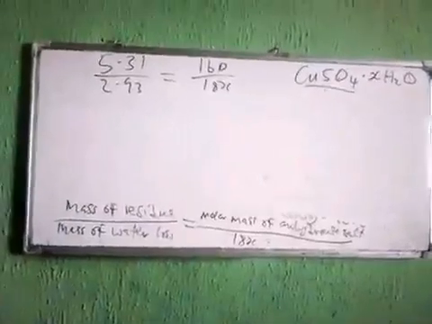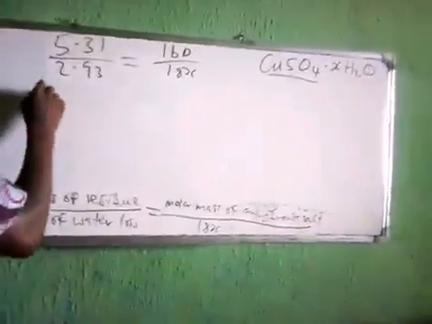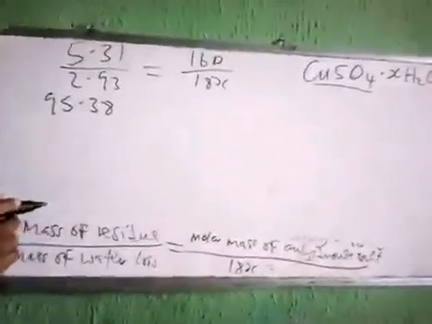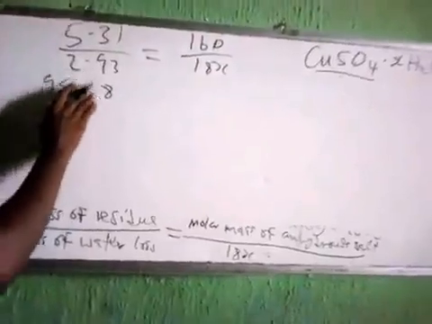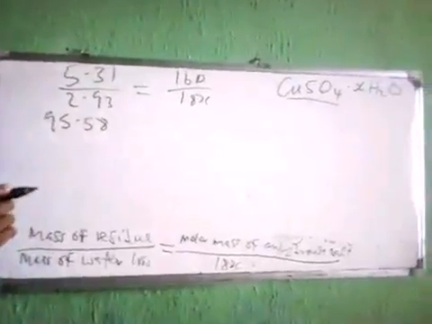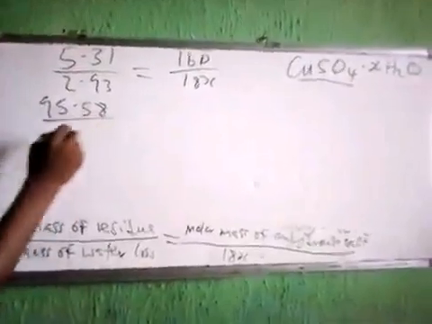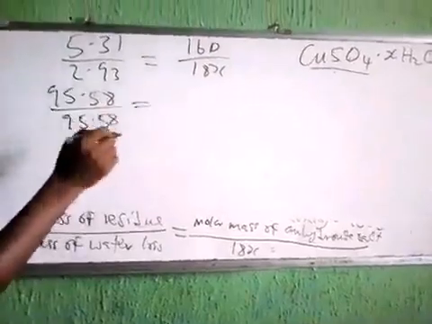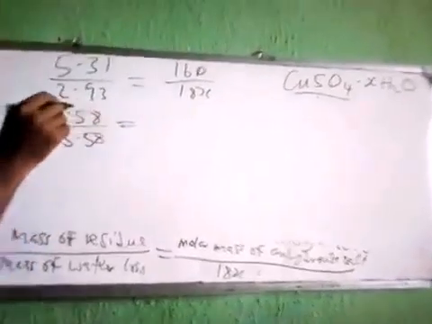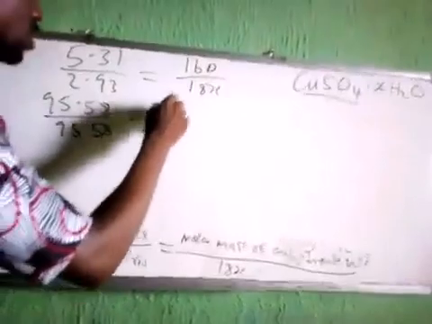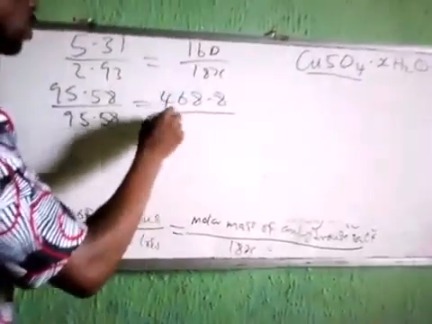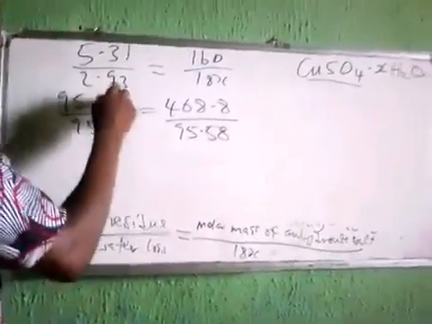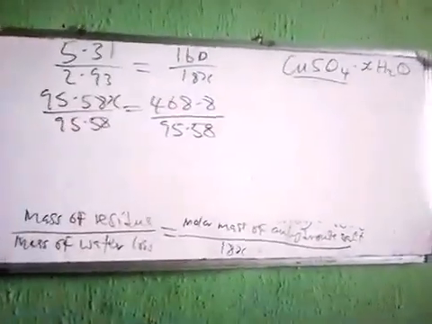That will give you 95.58x over 95.58 equal to 468.8 over 95.58.